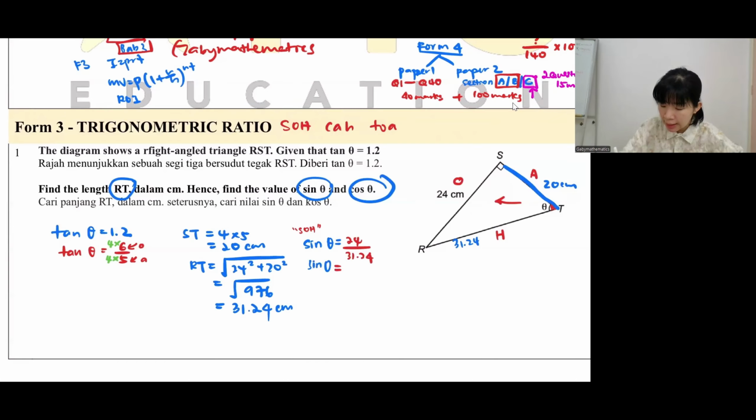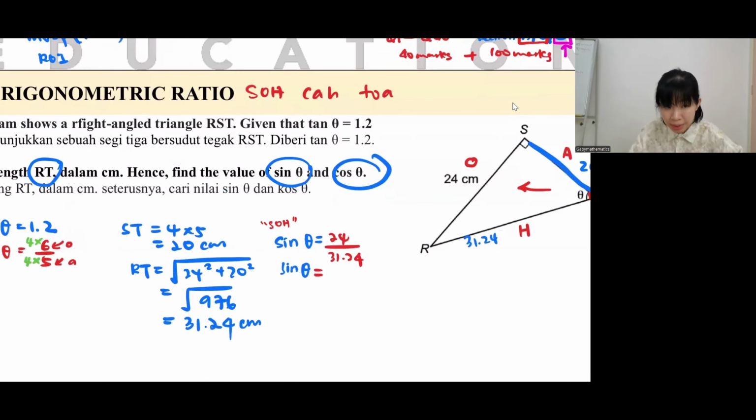There are so many decimals, so I want everybody to take 4 significant figures. Check your calculator. It is 0.7682. We don't count the 0 in front, so we take 4 digits at the back. The 0 is not significant.